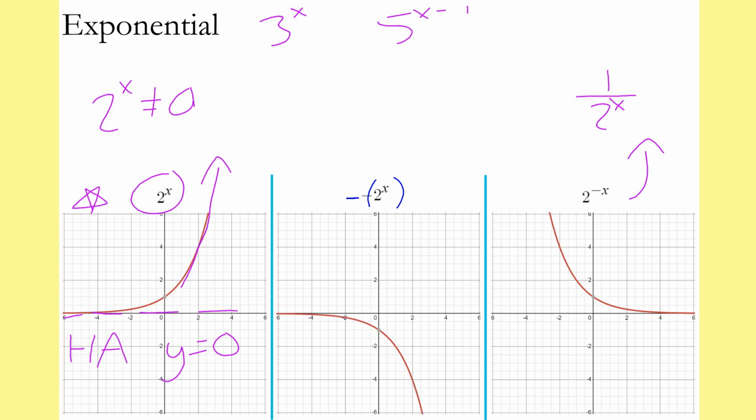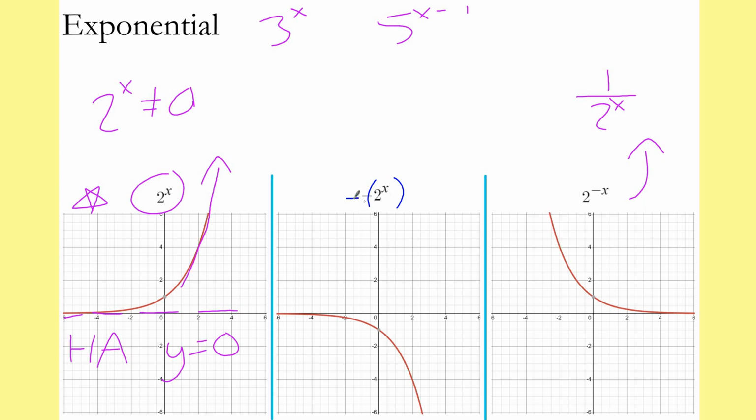Now, when you have a negative exponent, so for this third one over here, remember, a negative exponent makes it a fraction. So now you're flipping it horizontally, across that y-axis.